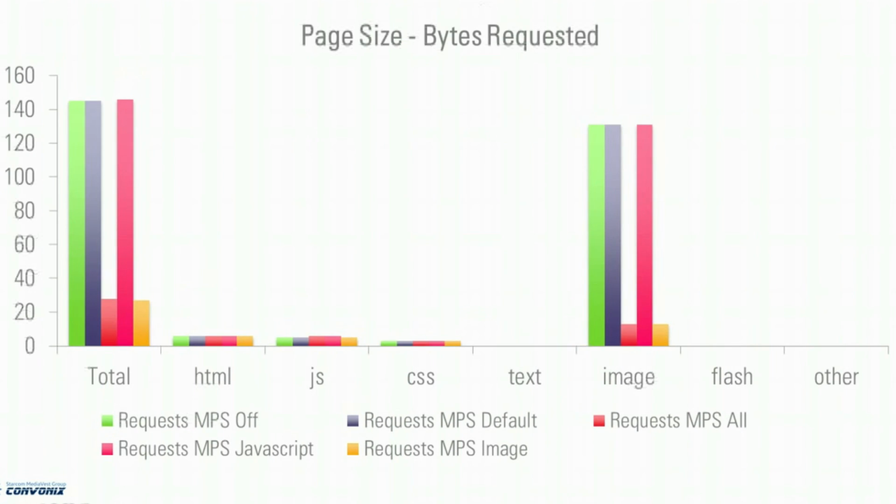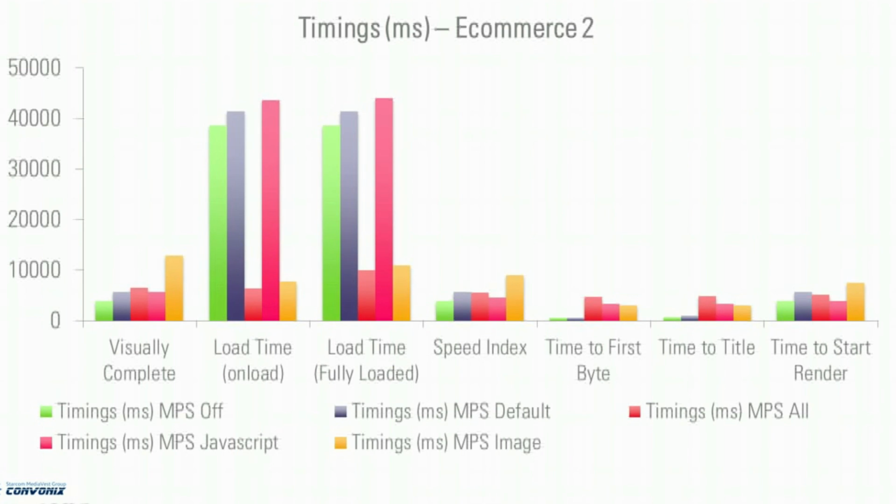Reiterating this trend was the page size category of metrics, which showed that our custom image filters reduced the page size the most, securing an unbeaten supremacy over the others, while mod_pagespeed all closely followed. Subsequently, we observed that in the e-commerce 2 test pages, the timing category metrics were being aced by all filters on, with our custom image filter on a close second.